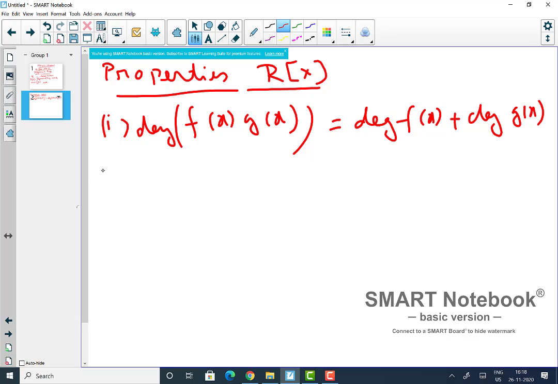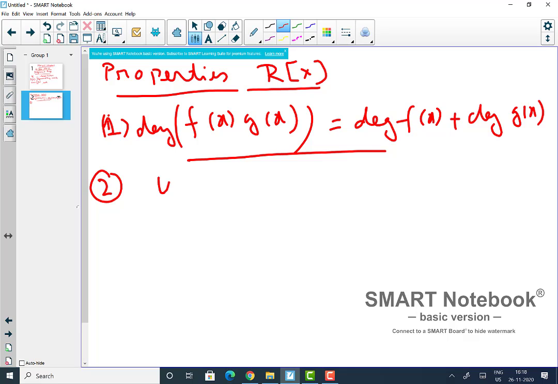Similarly, property number 2, you check what the units are. The first one needs no proof, so I am not giving a proof. Maybe you can check one more thing, what are the units of R[x].